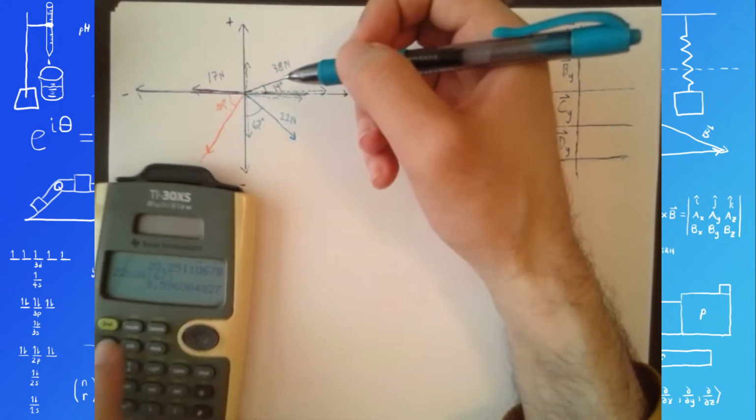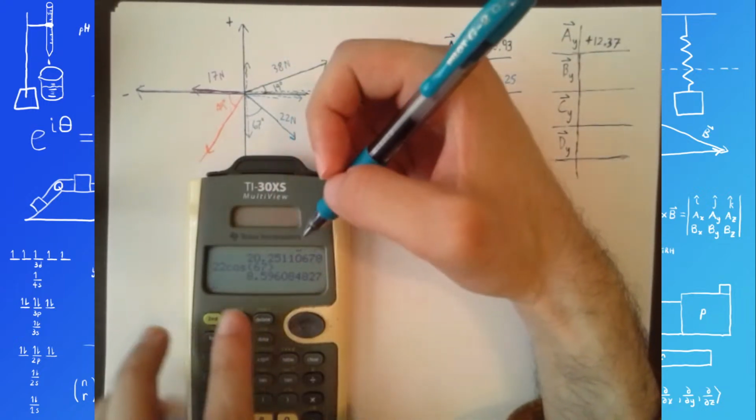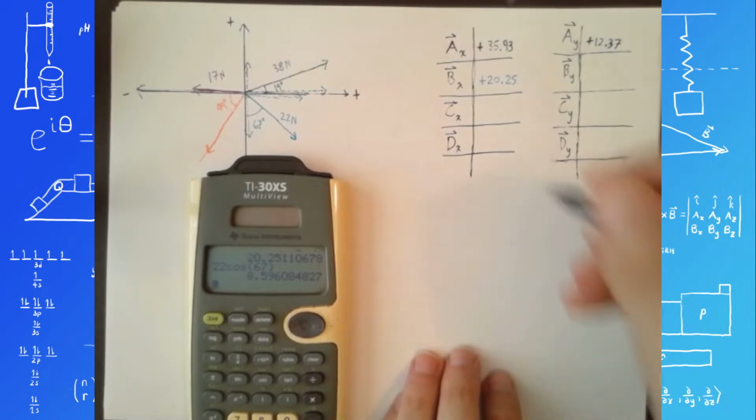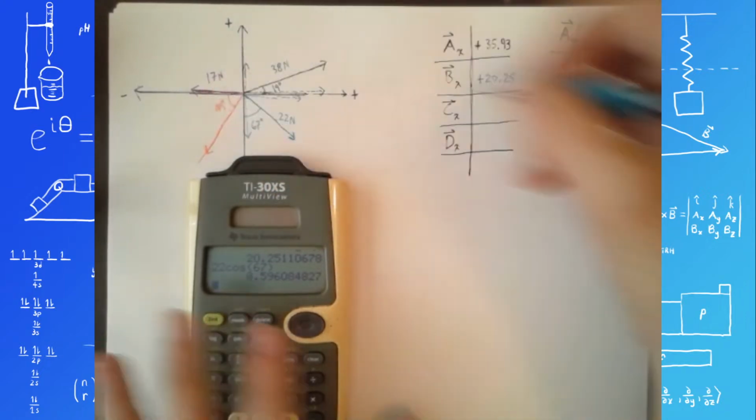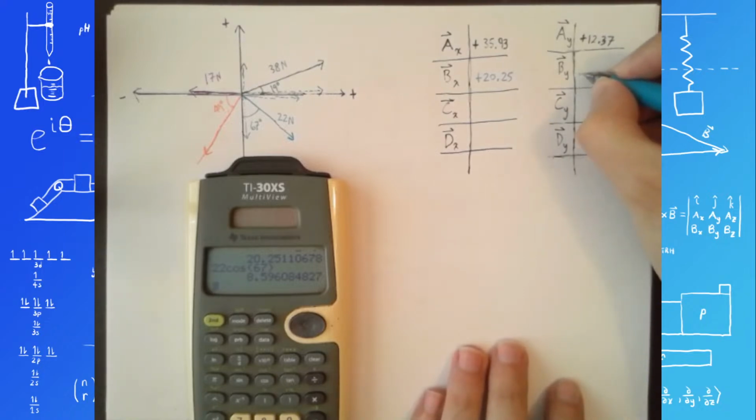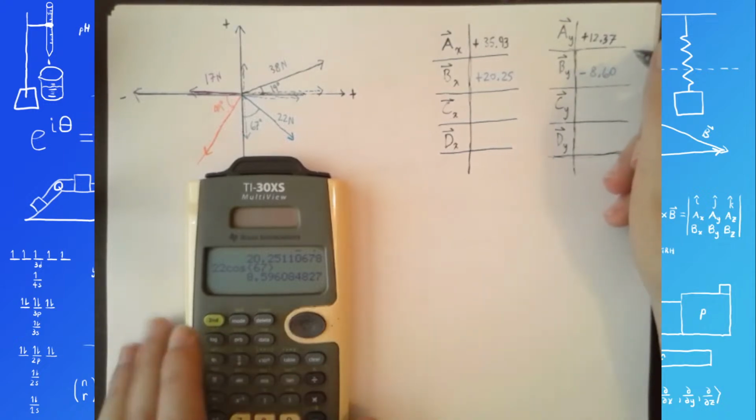Anyway, I'm getting 8.596, which rounds up to 8.60 if I'm sticking to 2 decimals, and it's downward, so I'm going to write negative 8.60 over here.